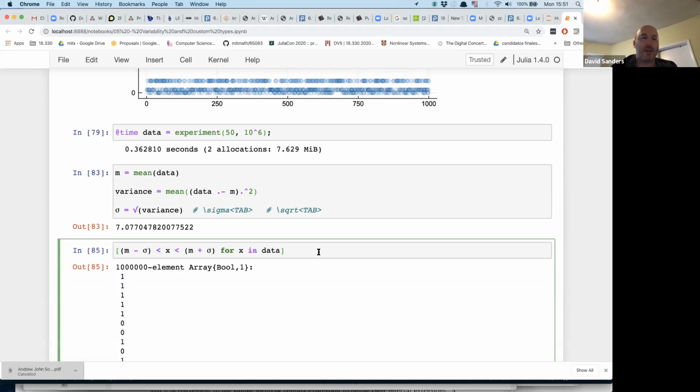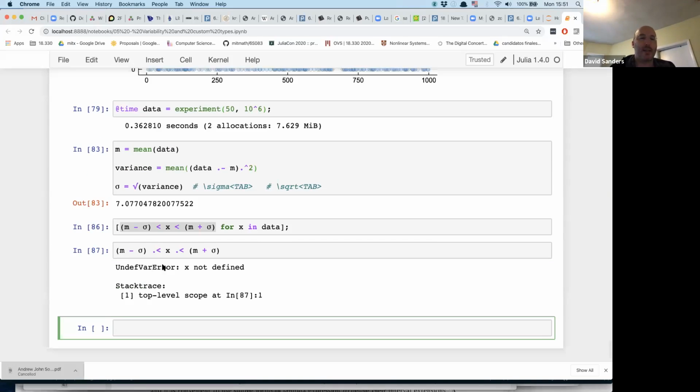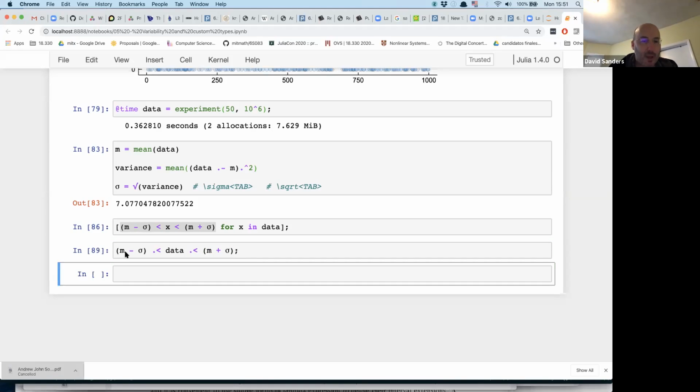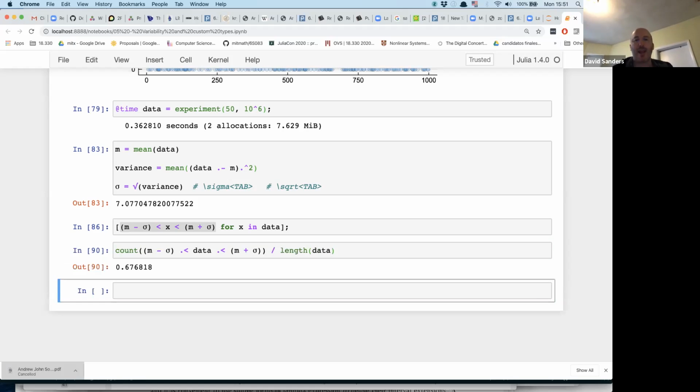And that'll give you the same answer as using the dots. So broadcasting minus dot less than x will give me exactly the same result when I put data, the actual vector. And then I want to count the number of them that are between there and divide by the length of data. That is what I'm supposed to be calculating. Yes. How many of the original data are between there and there?